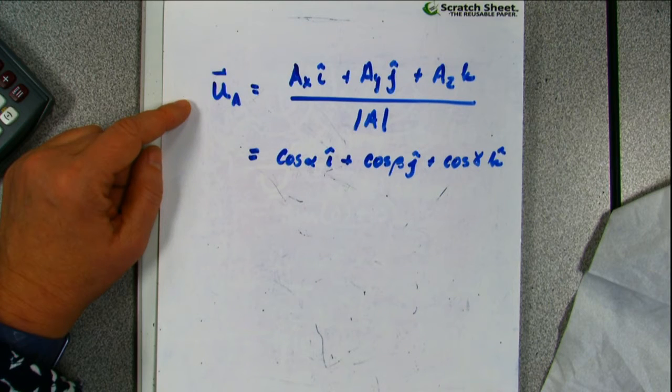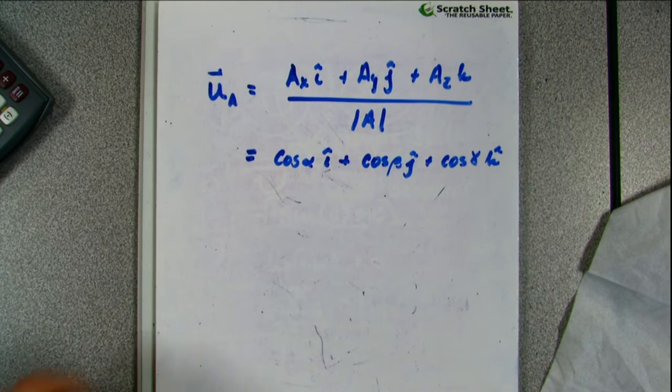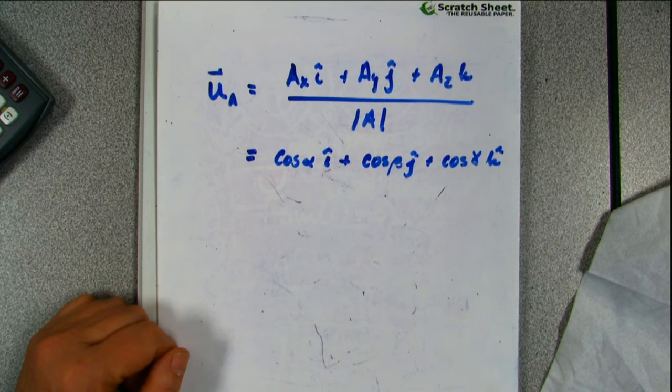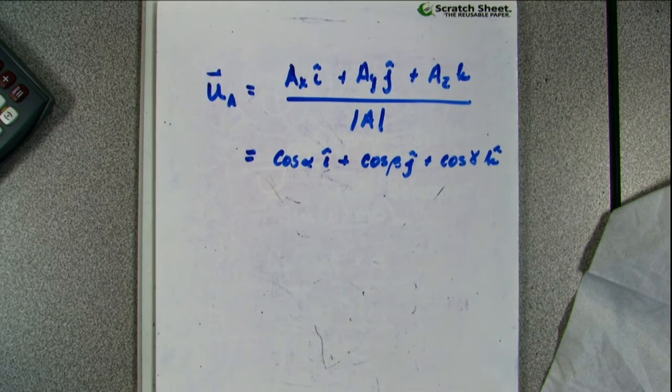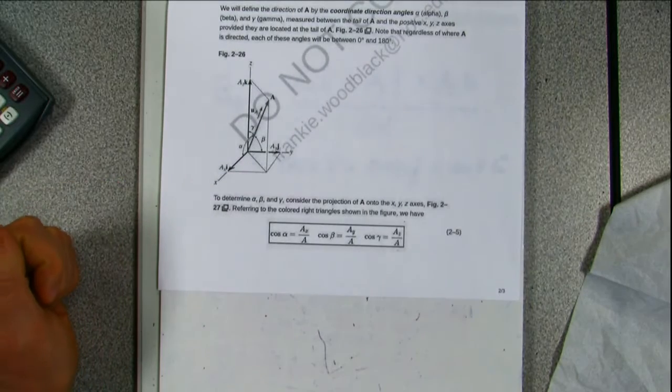Aren't these supposed to be squared? The cosines? Nope. Nope. And if you want to follow along in the book, it's equation 2.5.